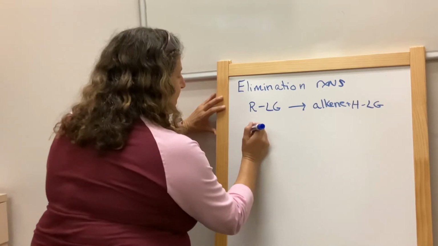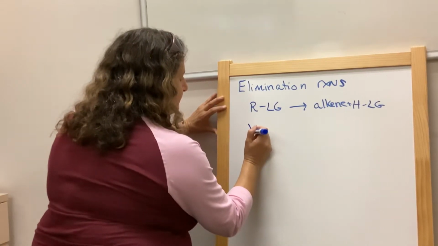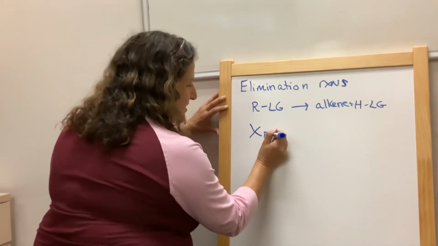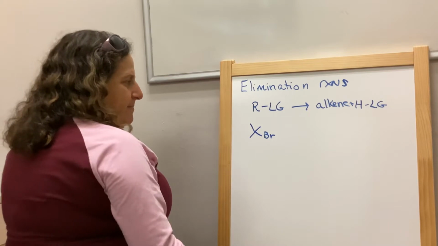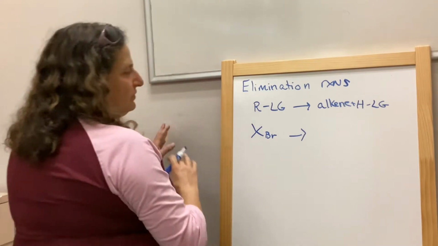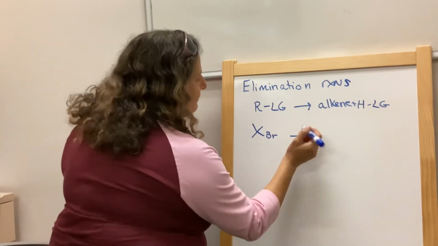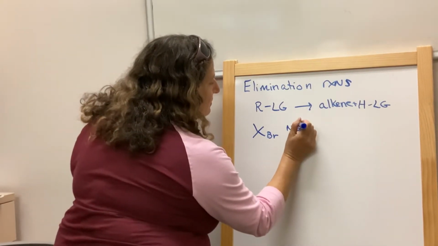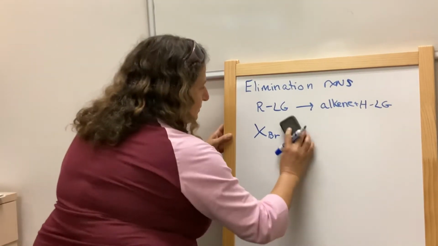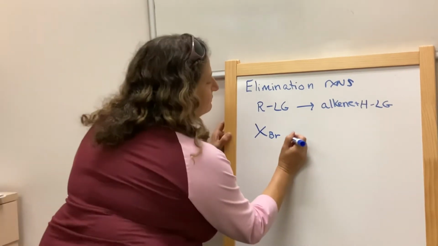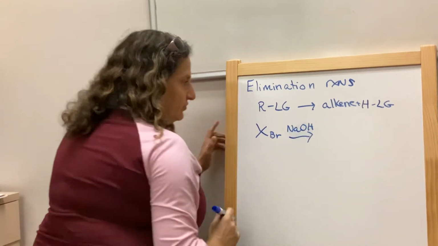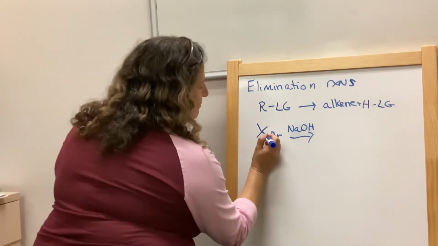So if I have CH3, CH3, CH3, and a bromine here, and this is going to be SN1, and I'm going to use a strong base, NaOH. Let me make that neater. NaOH, right? Strong base. My bromine leaves.